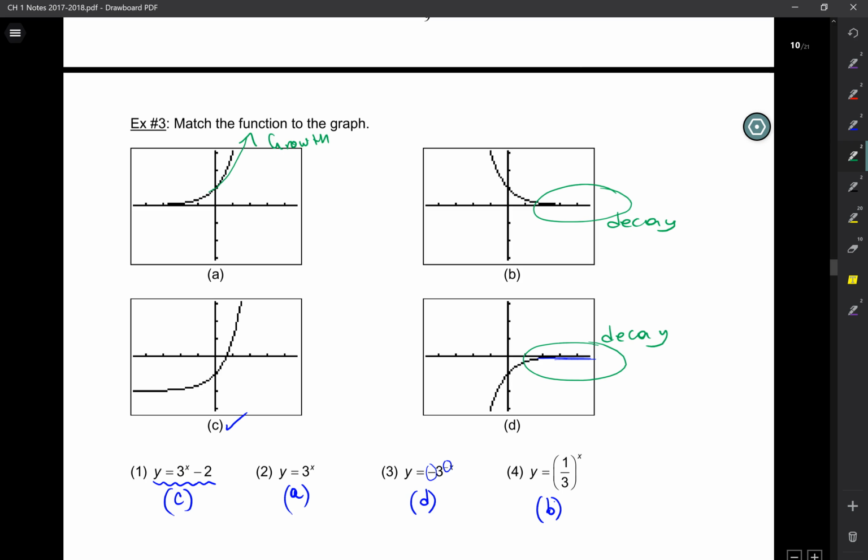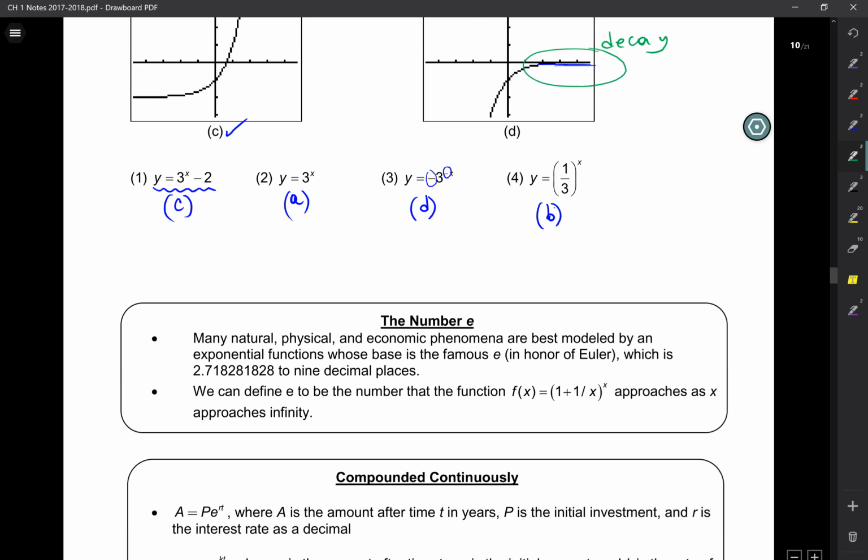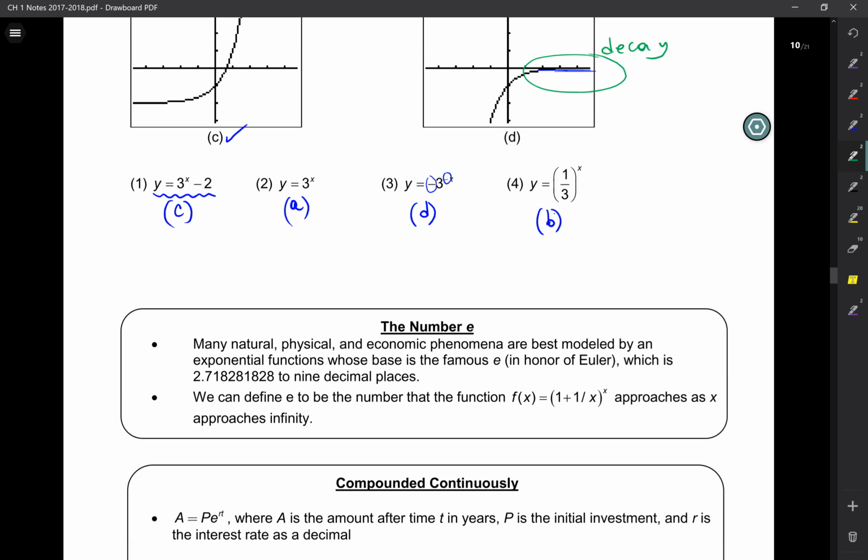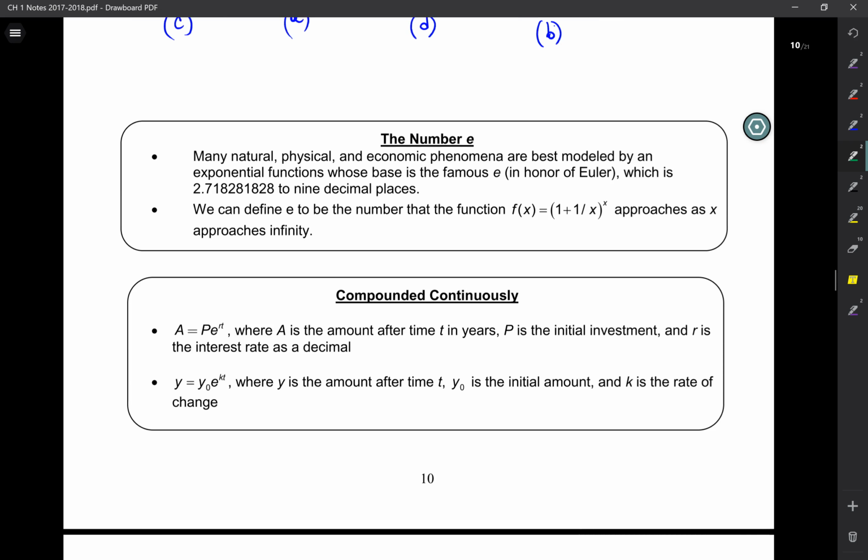Okay? So if it's going away from 0, it's growth. Now, if it starts at negative 1 and then goes down, it's going away from 0, it's growth. That's interesting. Then in what case would that be? Like if your debt is increasing. Oh, okay. Yeah.